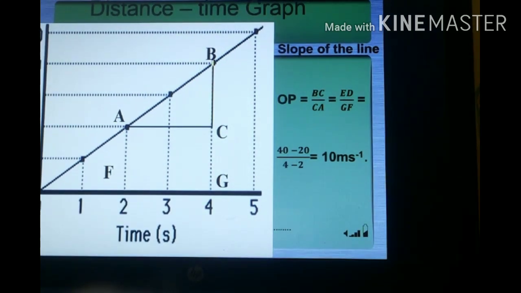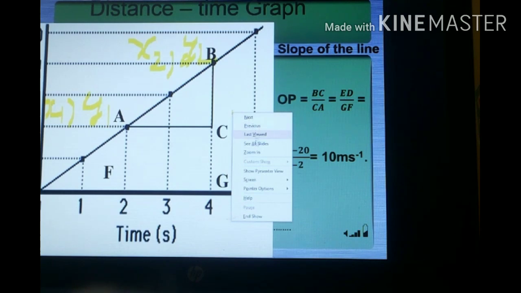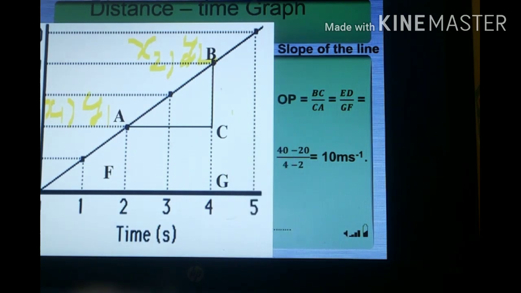Over here, this is denoted by x2, y2, and this is denoted by x1, y1. So what is the coordinate of B?